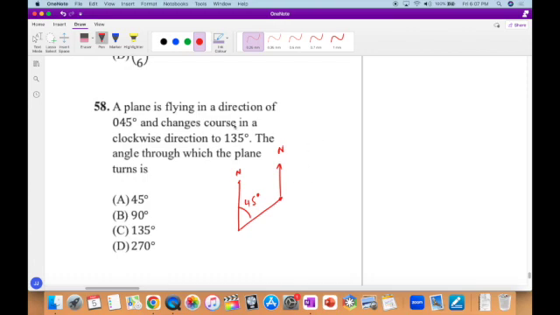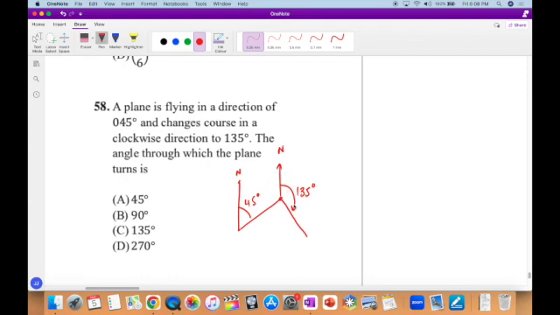And what it's doing is it changes course in a clockwise direction, going to 135 degrees. So 135 degrees might be so-ish. It's not quite 180, right? So remember, these two are parallel.